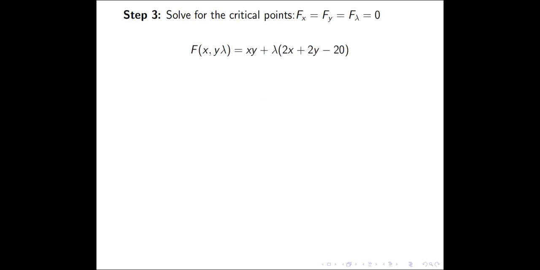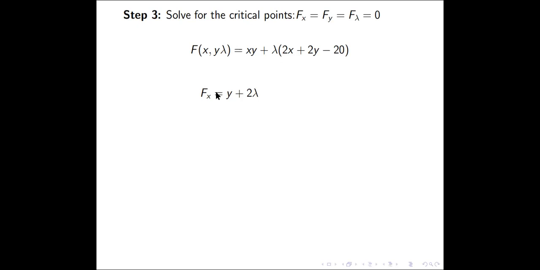This was the Lagrange function a while ago. We get the partial derivative with respect to x. Let me explain why it became like this. If you're differentiating with respect to x, all other independent variables will be treated as constants. Capital F is the dependent variable. It depends on the 3 independent variables x, y, lambda.